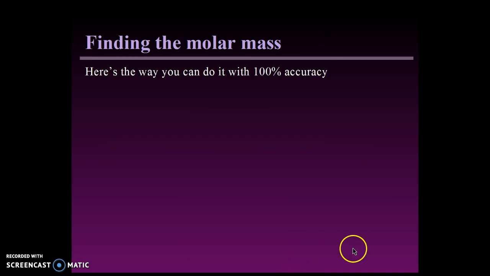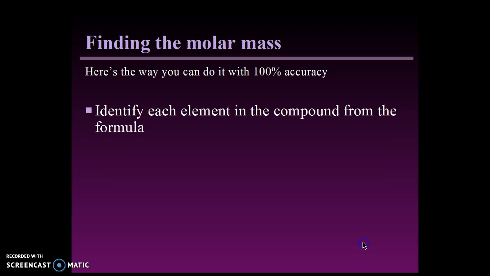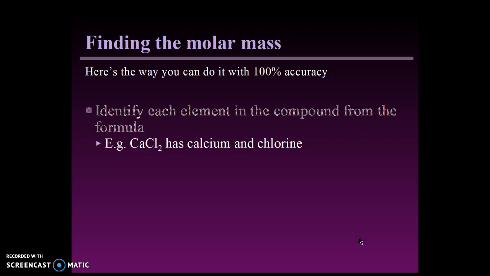Now, you can get 100% accuracy on finding molecular masses or molar masses for ionic compounds. And it doesn't matter whether they're ionic or covalent, you just need the formula. So first you identify each element in the compound from the formula. So calcium chloride has Ca, calcium, and chlorine, Cl.